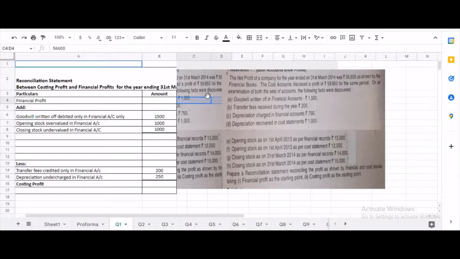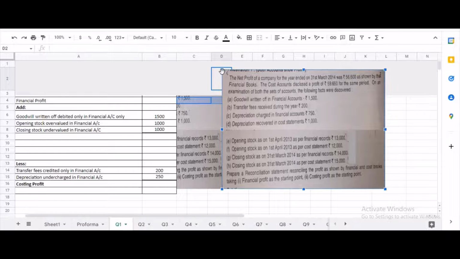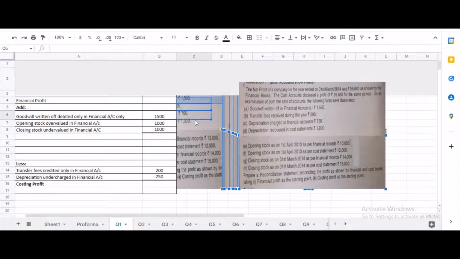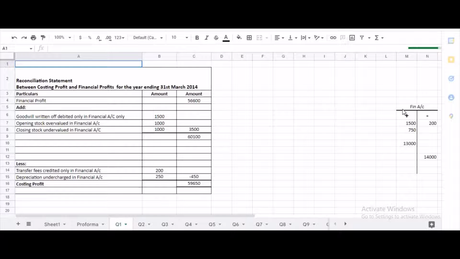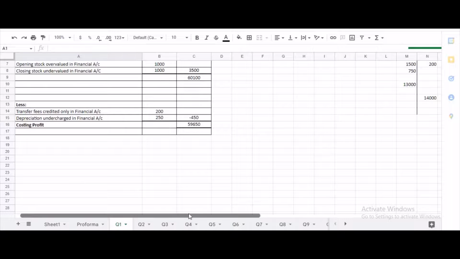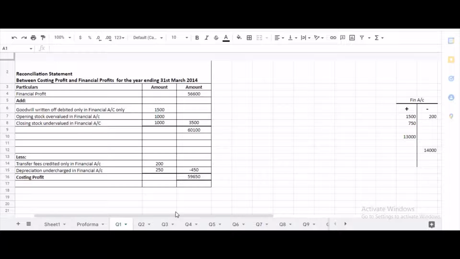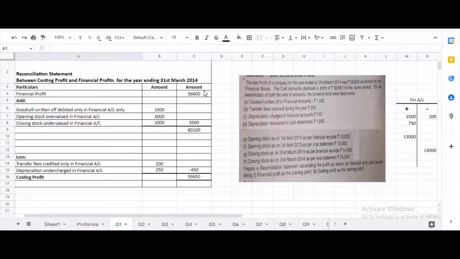So it would come in the financial account.